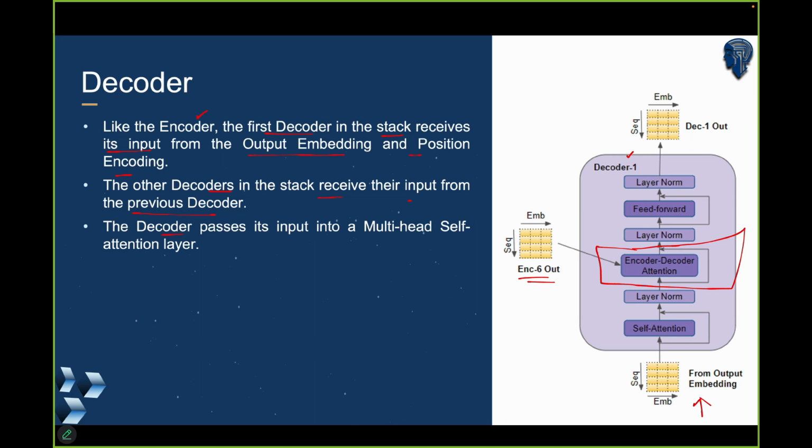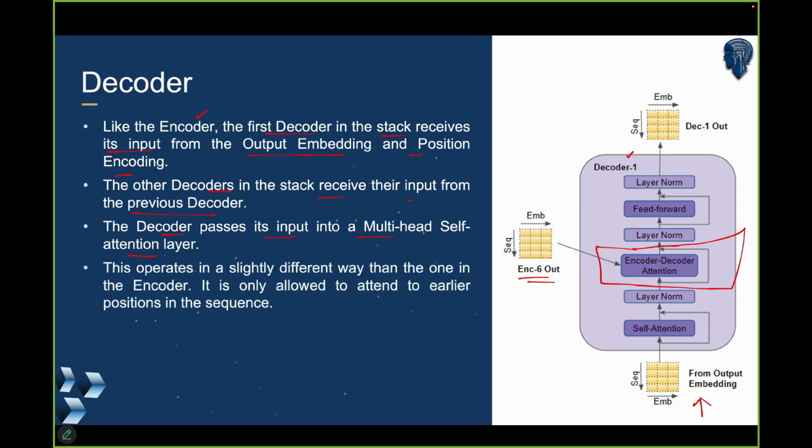The decoder passes its input into a multi-head self-attention layer, and the operation works in a slightly different way than the one used in the encoder. It is only allowed to attend to earlier positions in the sequence.